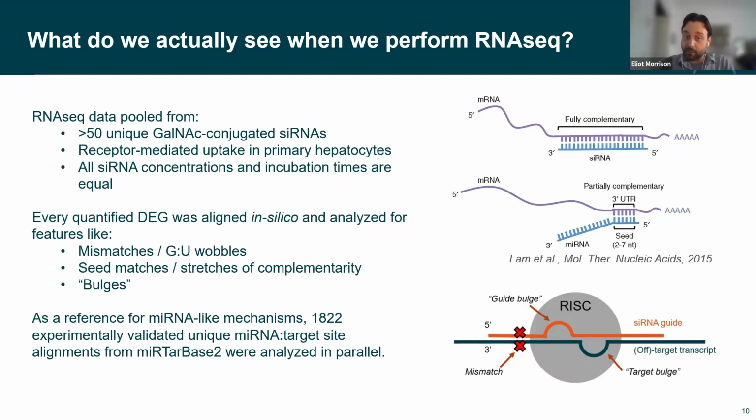Yes, so this global analysis we wanted to perform, essentially we pooled RNA-seq data from more than 50 GalNAc siRNAs from across a range of targets. And what we did is every gene that was quantified in these experiments, we did an in silico alignment to the siRNA guide strand.